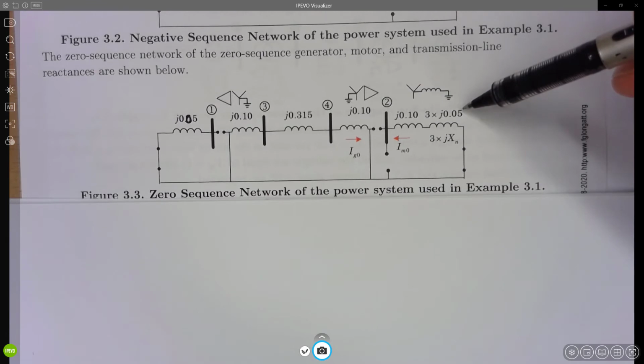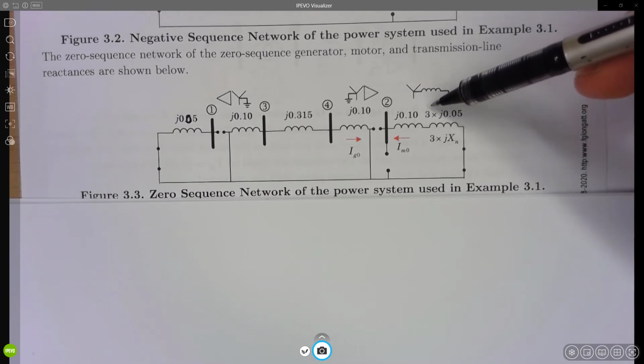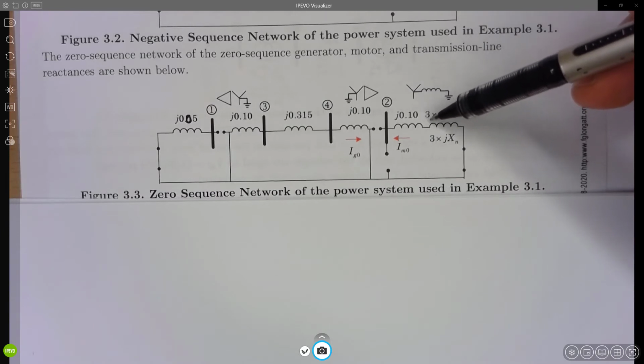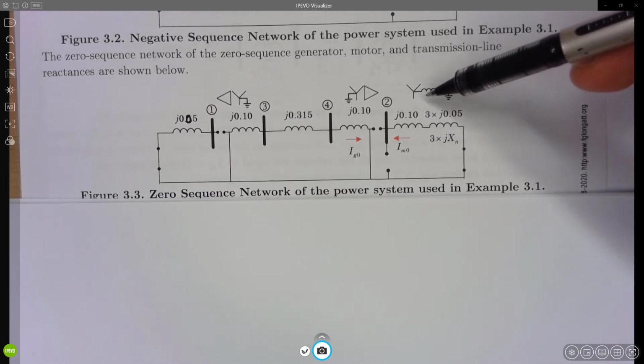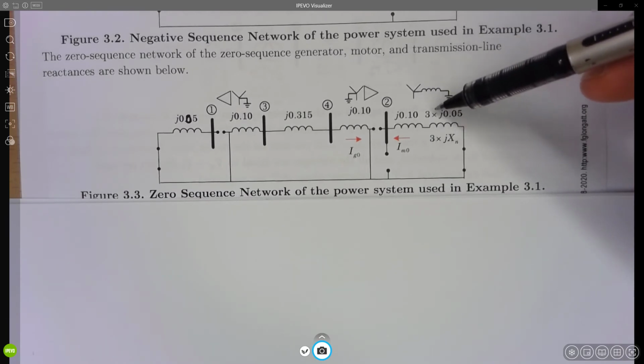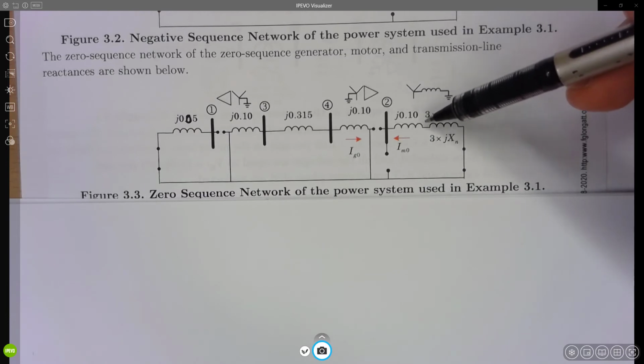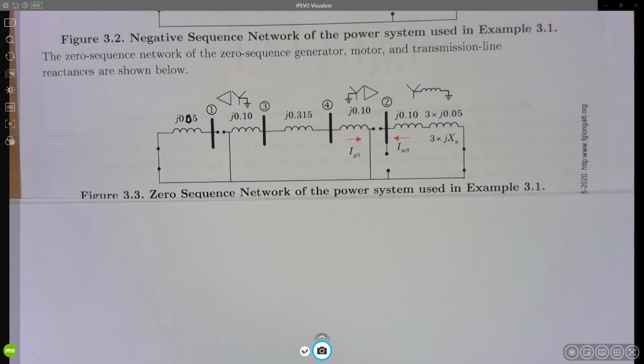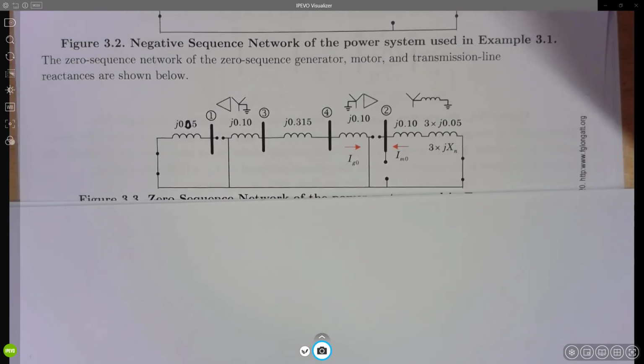In this case it is 0.05 the reactance, but you must remember that this 3 is coming because we need to represent that this connection allows the circulation of 3 times the zero sequence. And that is the reason that we have this number 3 over there, okay? If you have any doubt about this, please feel free to drop an email and make some questions, okay?